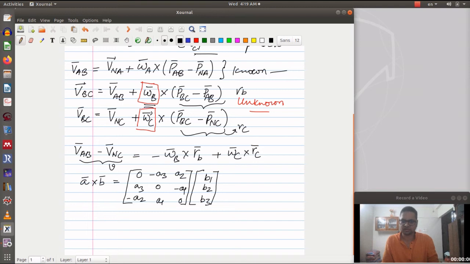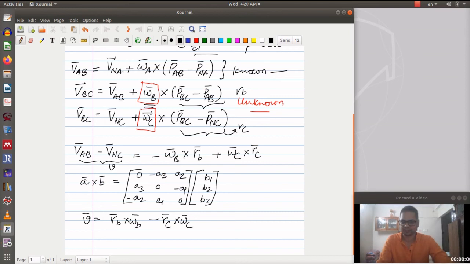Let us call this V, which is fully known. So vector V is equal to RB cross omega B minus RC cross omega C. I'm just changing omega cross R to R cross omega. Okay. So now if you write this, let us see.